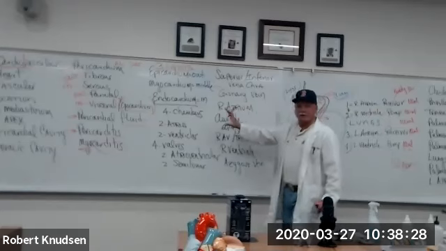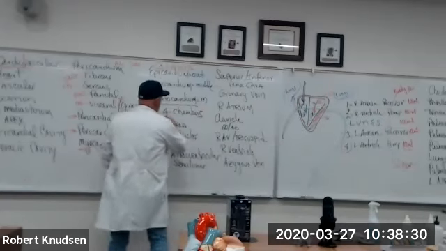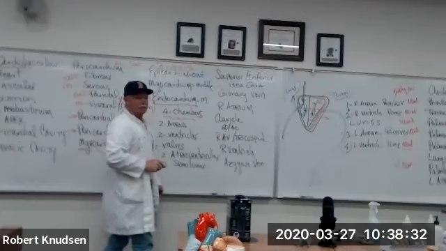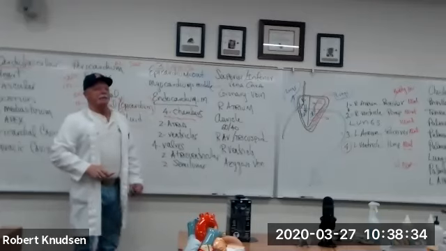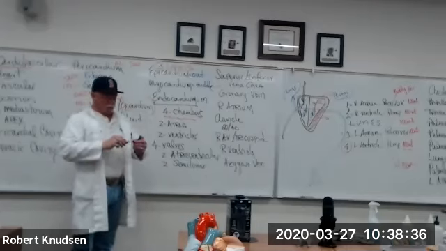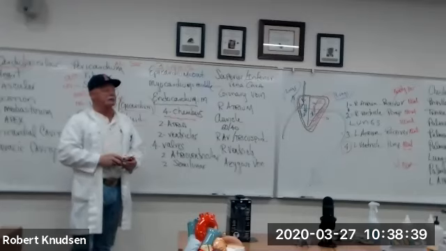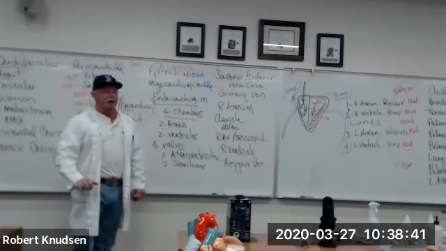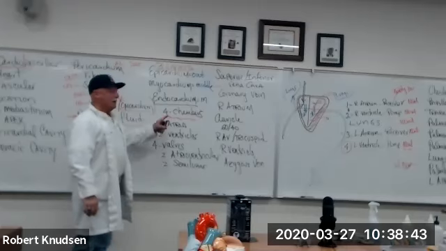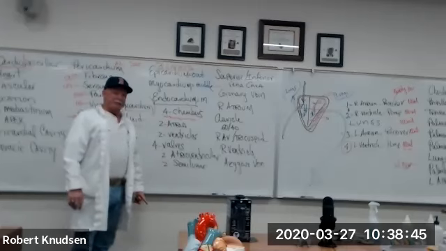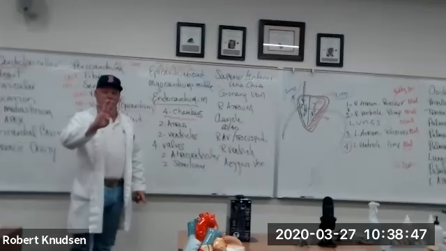Let's take us right over here to chambers. We have a four-chambered heart. Not all living animals have a four-chambered heart. When we think of animals, we think of dogs, cats, and zebras, and lions, and tigers, and bears. Those are all mammals. Mammals and birds have a four-chambered heart.